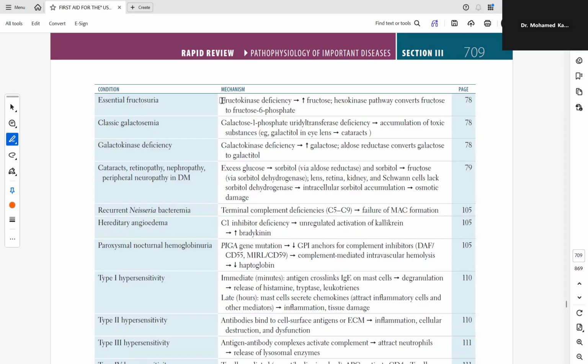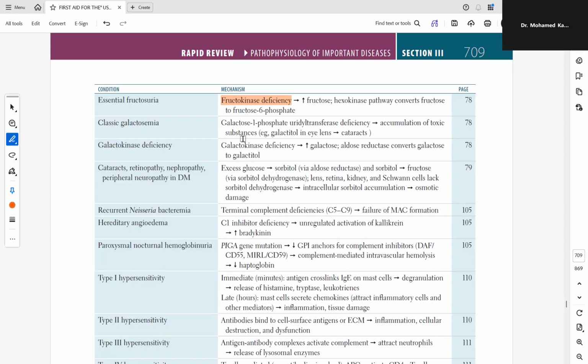Fructokinase deficiency: this is an enzyme which is deficient, which will increase fructose. The hexokinase pathway converts fructose to fructose 6 phosphate. Classic galactosemia: galactose 1 phosphate uridyl transferase deficiency. I know that all of you like biochemistry.